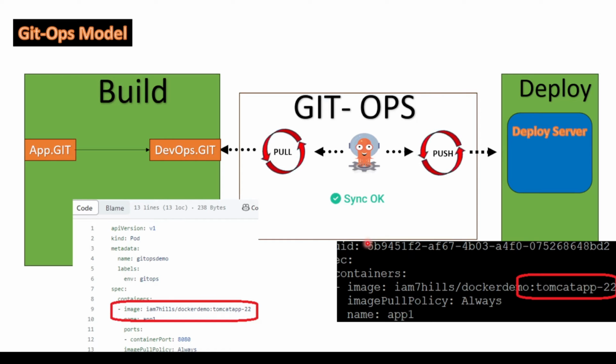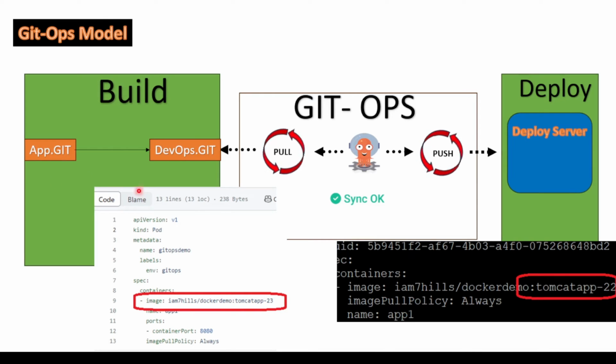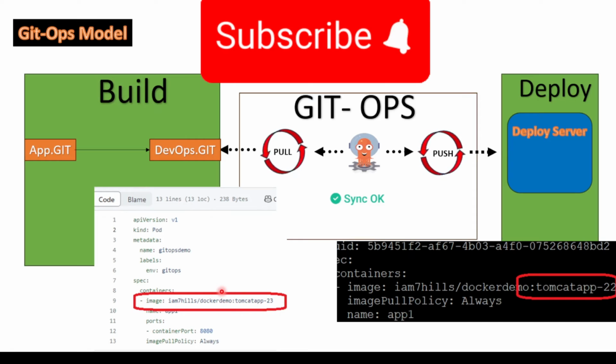Okay, let us assume that the developer is going to make new changes on his Git repository. When he makes those changes, there will be a new build. That new build will trigger, and on success will create a new iteration. From 22 it will become 23.